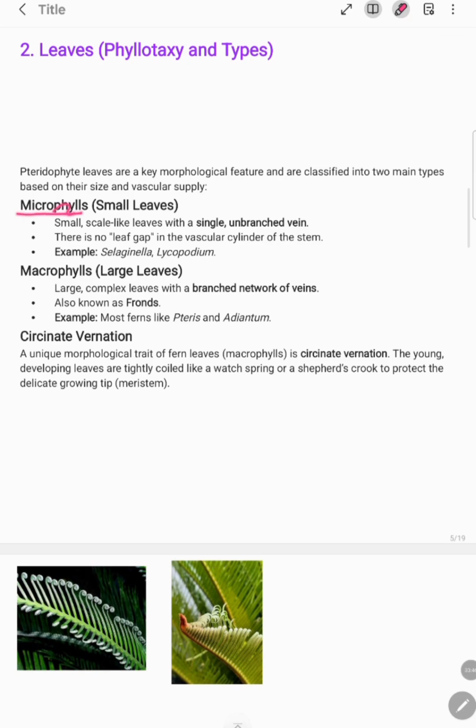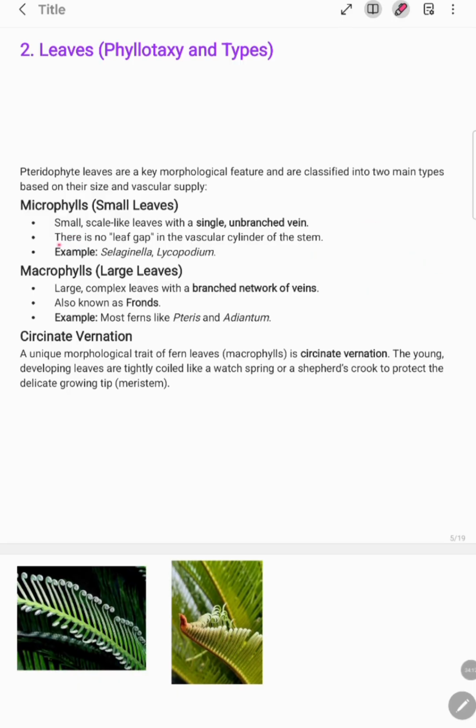Okay, so what are the characteristics of the small leaves, which refers to the microphylls in the pteridophytes? See, these are, as the name suggests, small, scale-like leaves with a single unbranched vein. It has only a single vein. Okay, and this vein is unbranched. There is no branching.